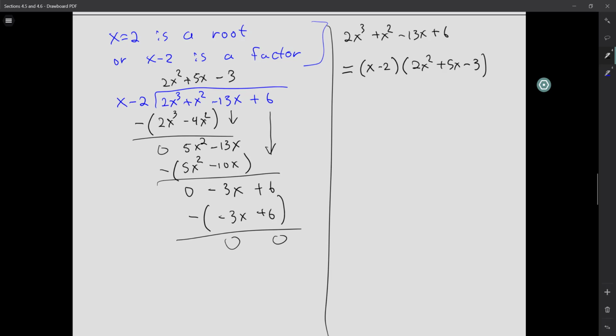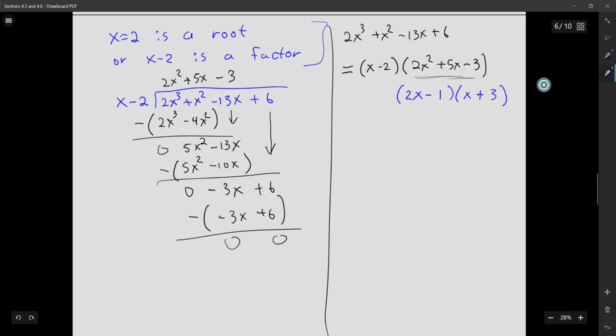Now what we need to do is factor this quadratic that we've been stuck with. I think we can do this easily. Let's try it. Let's see, 2x times x. If I do a 3 and a 1, then I will want minus 1 and plus 3.